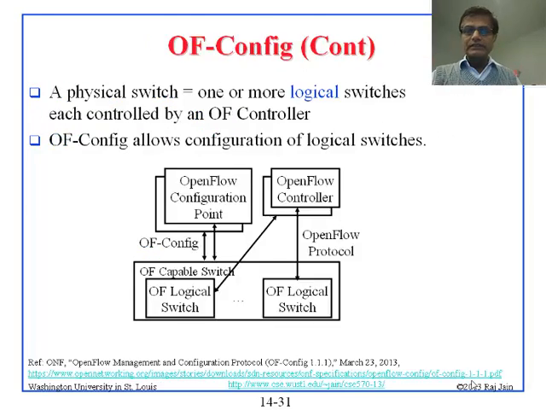As shown in this picture, you have multiple controllers, 1, 2, and similarly, multiple configuration points, and each switch has multiple logical switches. So all that is allowed. And each controller could have a different subset of the network that it controls.